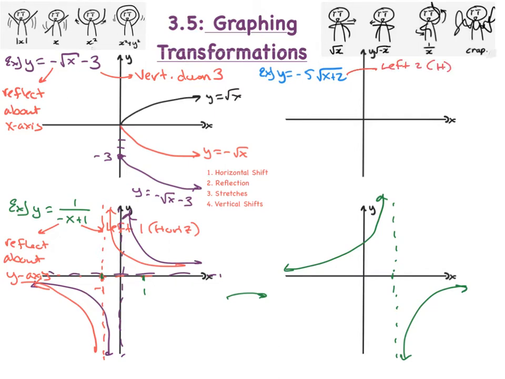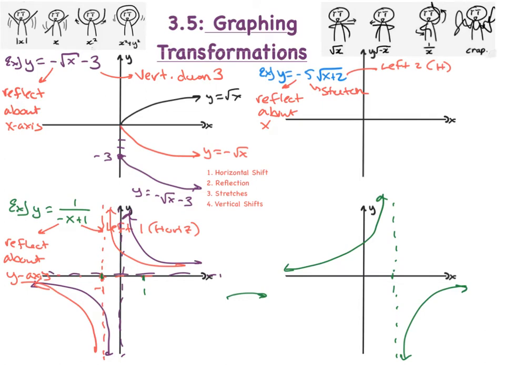The negative is on the outside of the function, so this reflects it just like the first example about the x-axis. And the 5 is a stretch. Okay, so that means that we're going to plot some points.